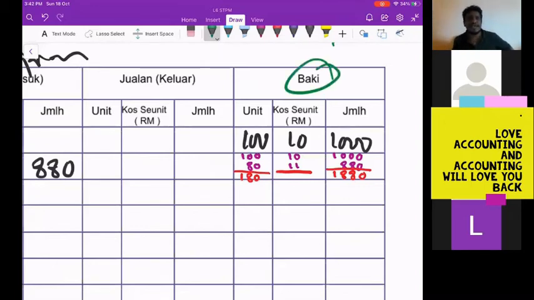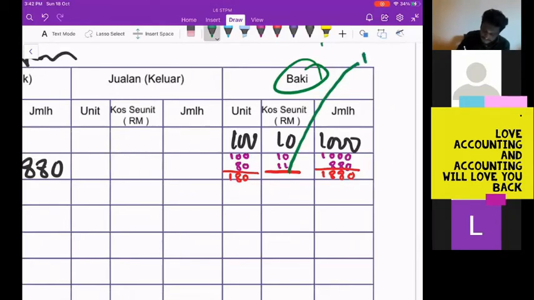For the previous question, we calculated this total, but we didn't calculate the cost per unit. So now every time you beli, you need to calculate the Purata cost per unit. You take the jumlah cost bahagi dengan jumlah unit.